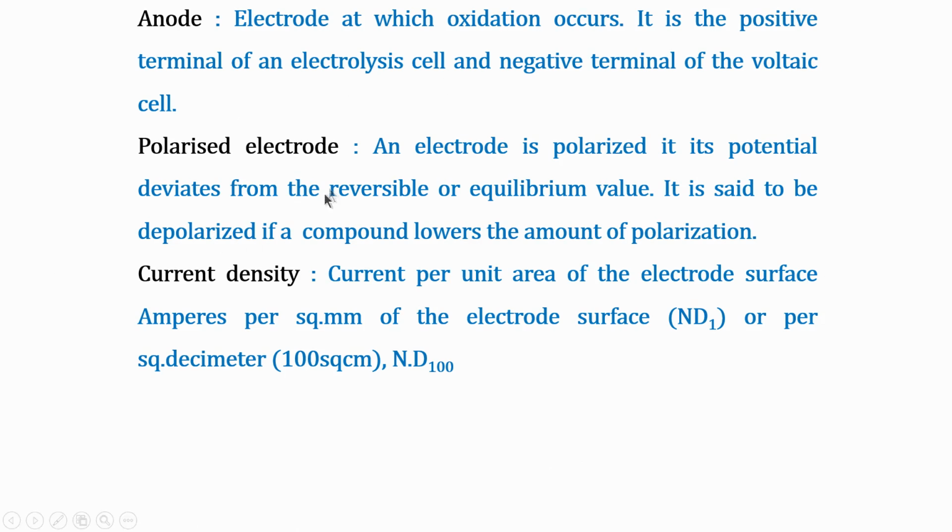We also define another term known as the polarized electrode. A polarized electrode is one whose potential deviates from the reversible or equilibrium value. What is the reversible or equilibrium value? Again I give you a 5-second pause, try to think of the definition.